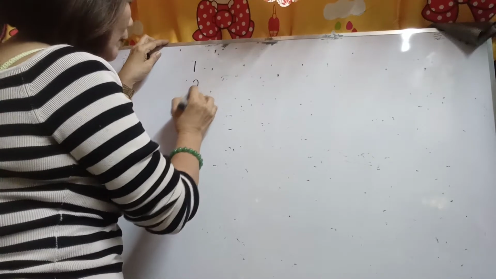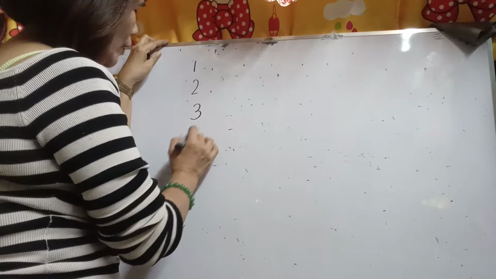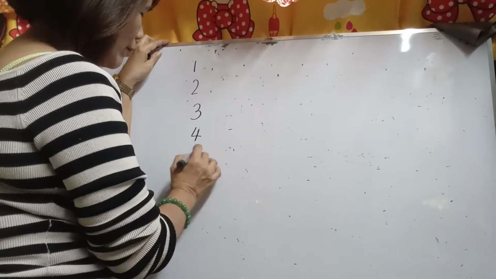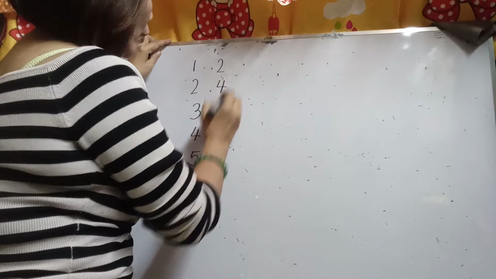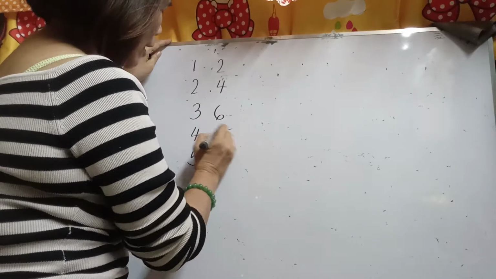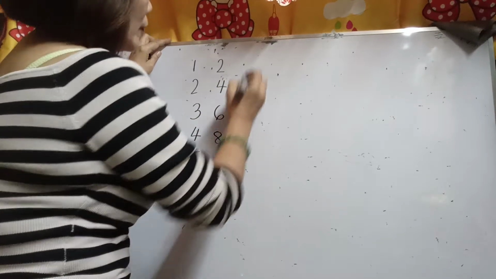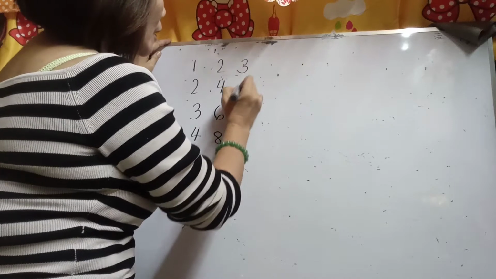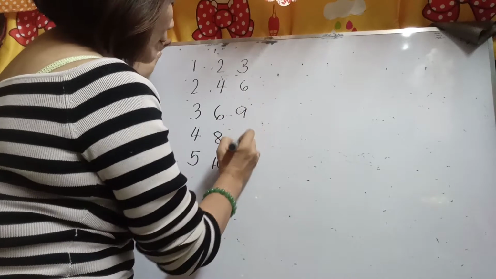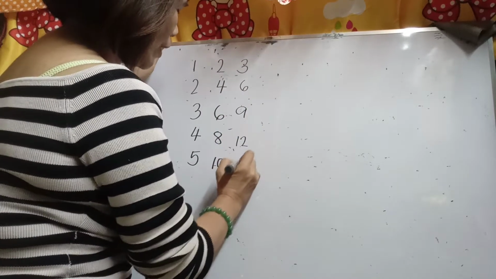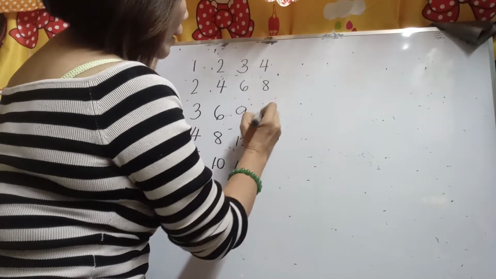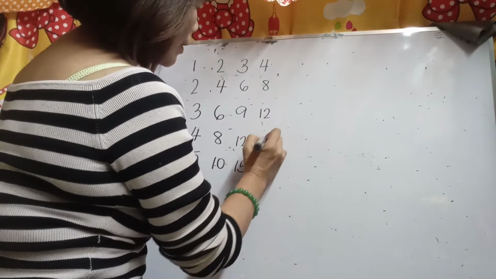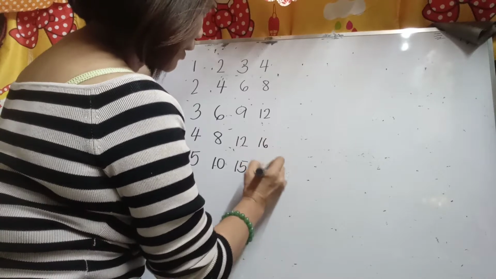So 1, 2, 3, 4, and then 5. And then here we have 2, 4, 6, 8, and then 10. Then here we have 3, 6, 9, 12, and then 15. And then here we have 4, 8, 12, 16, 20.